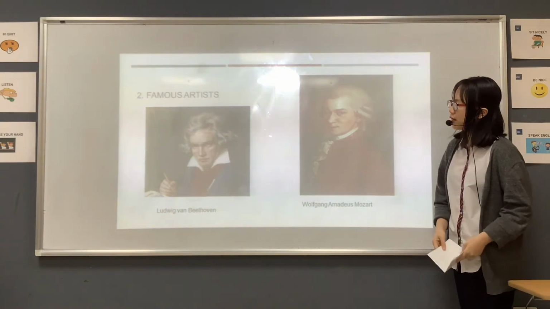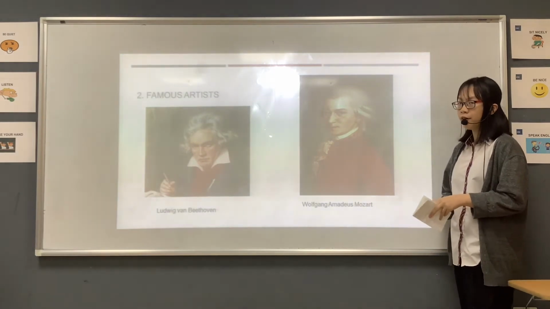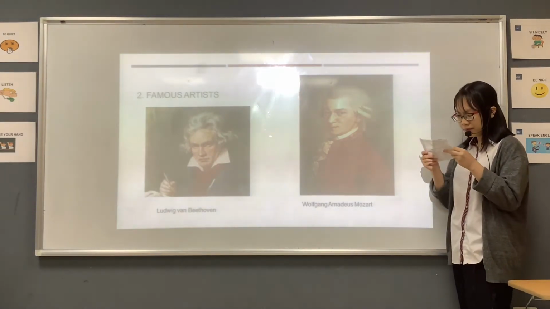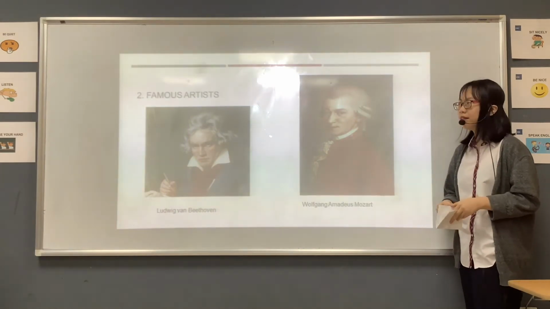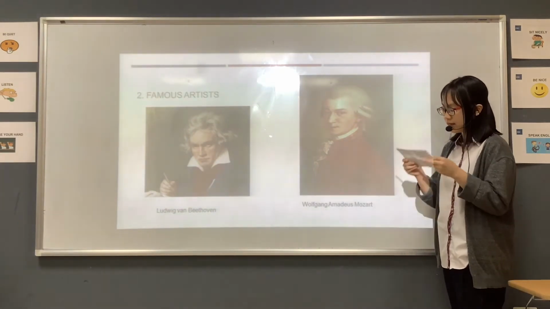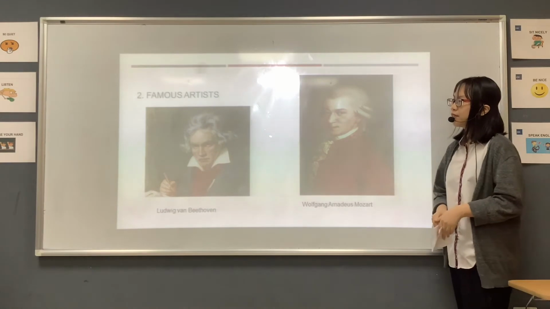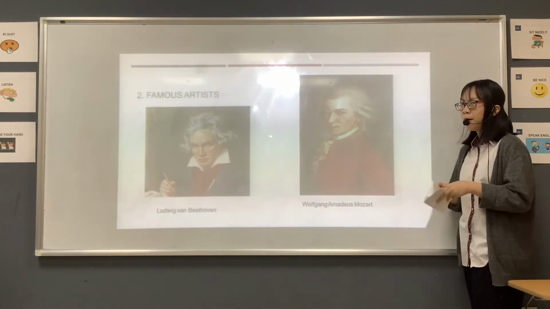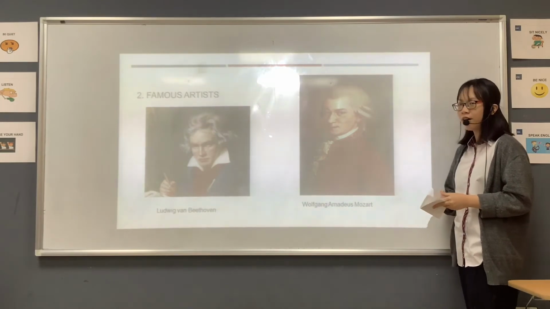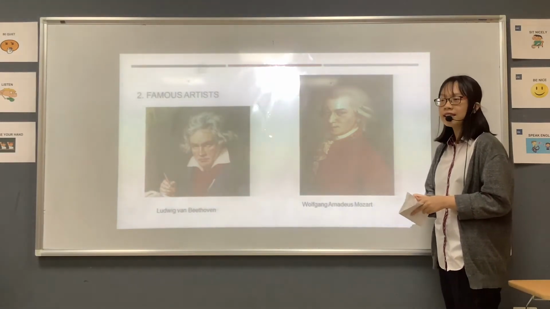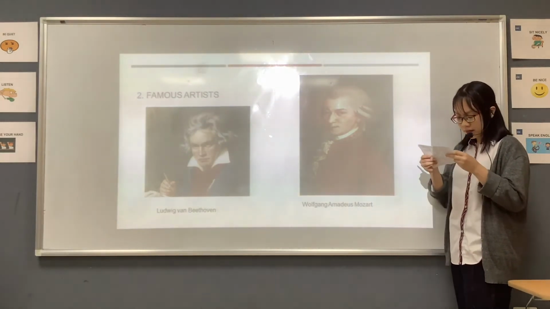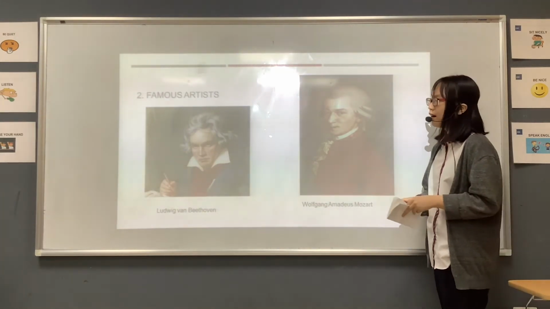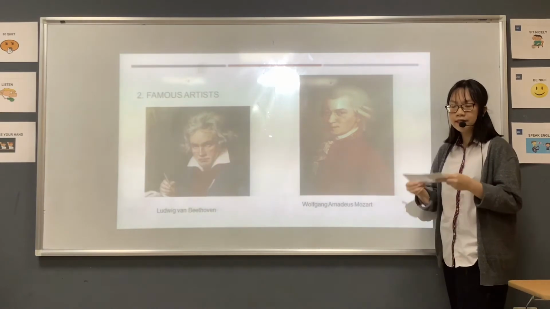He started to write music at the age of 12, and since then he has made plenty of breathtaking plays and sonatas. When he was 46, he completely lost his hearing, but it didn't affect his composing career.